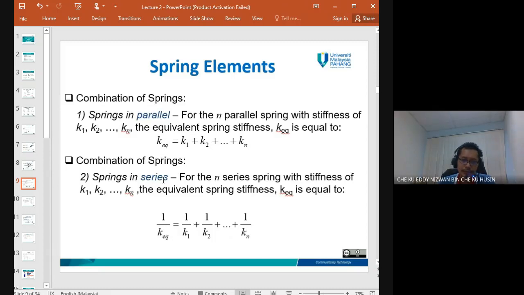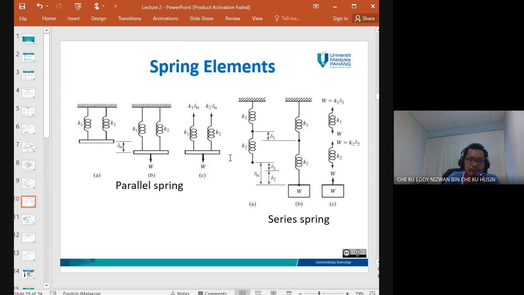Okay, I think on that slide we have a figure. For the series, to find the K equivalent, it is based on the equation listed on the slide. So 1 over K equivalent is equal to 1 over K1 plus 1 over K2 plus so on, depending on how many springs. Okay, so this is an example for the parallel, and this one for the series.